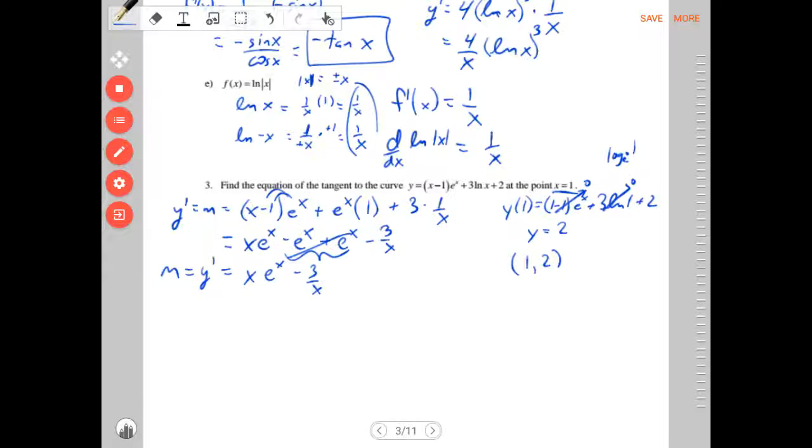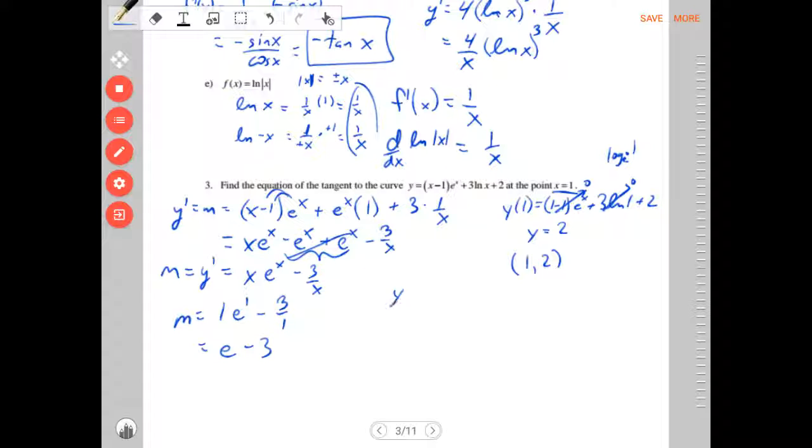So now we actually have to figure out the slope of the tangent line. So the slope equals 1 times e to the 1 minus 3 over 1. So the slope here, 1 e to the 1 is just e, so e minus 3. So that's the slope.